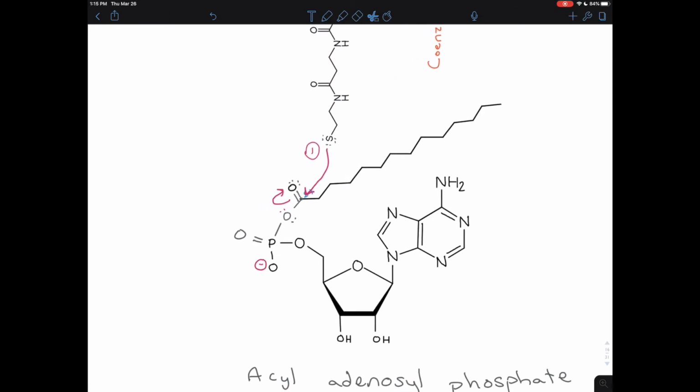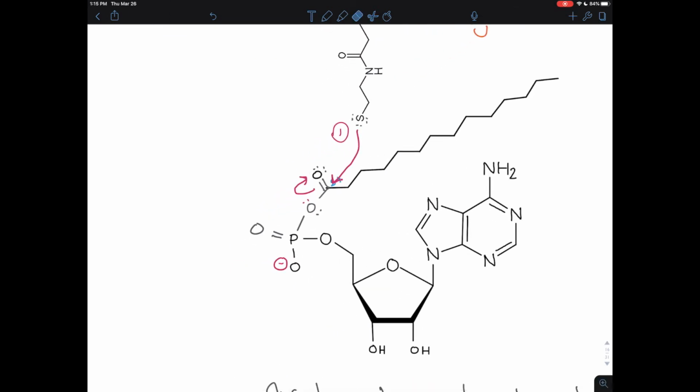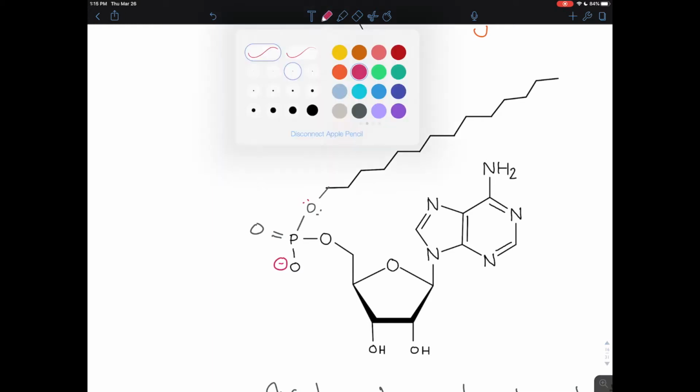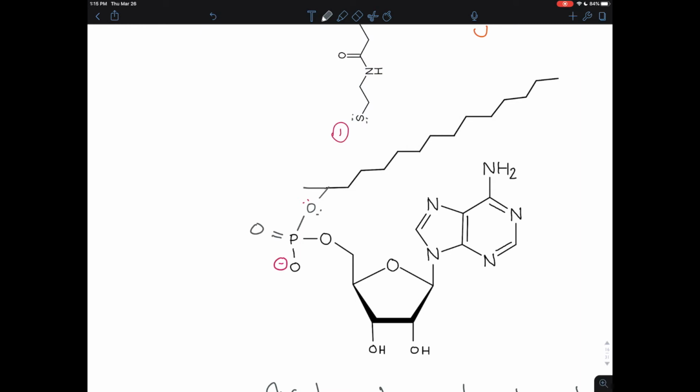So we're going to have this tetrahedral intermediate where this lone pair is going to become a bond. I'll move this over. We're going to have only one bond to that oxygen. I'm just going to draw this in a different direction to make room, but only one bond to that oxygen, 3 lone pairs on it, full negative charge.